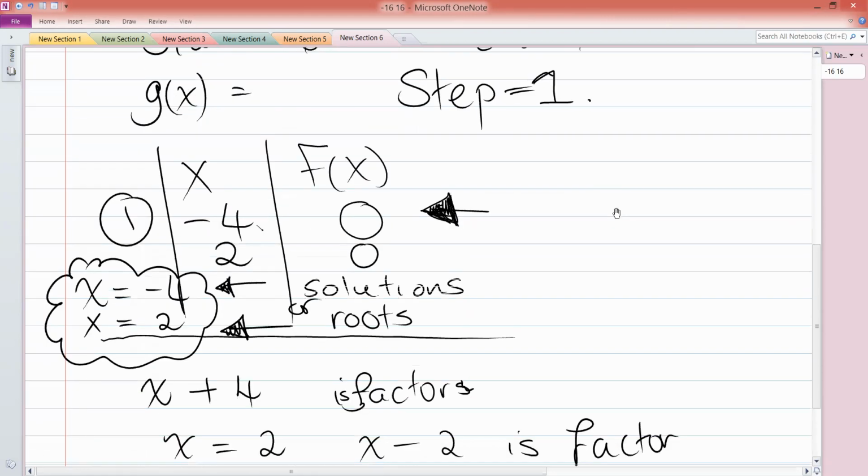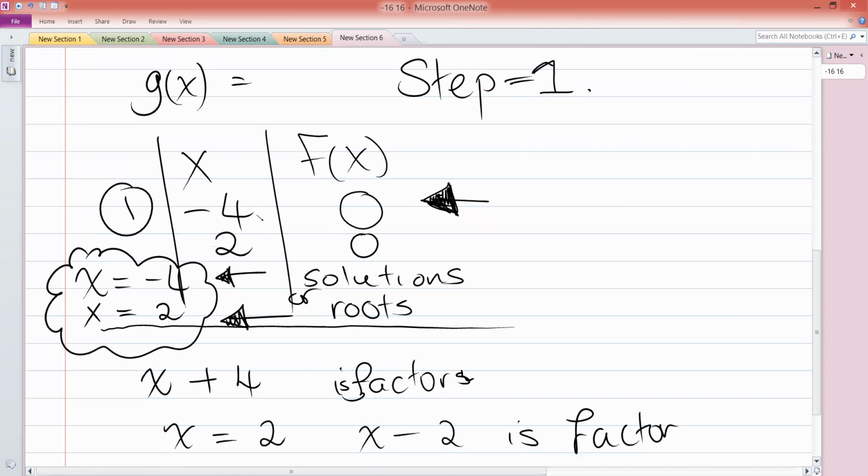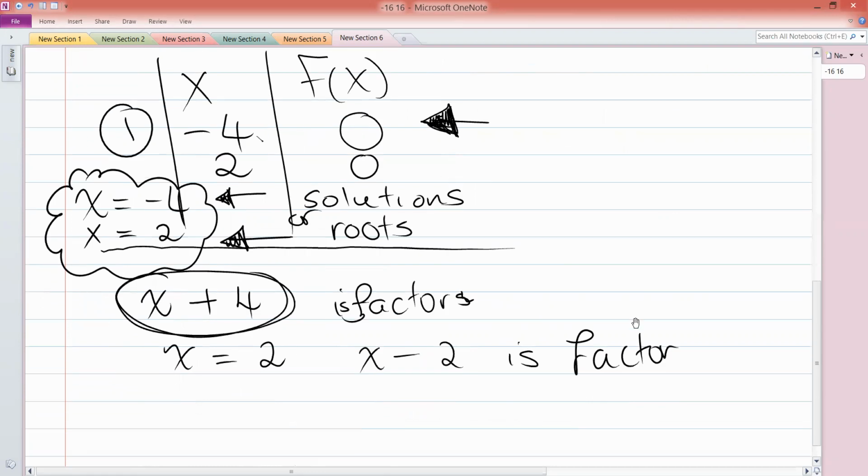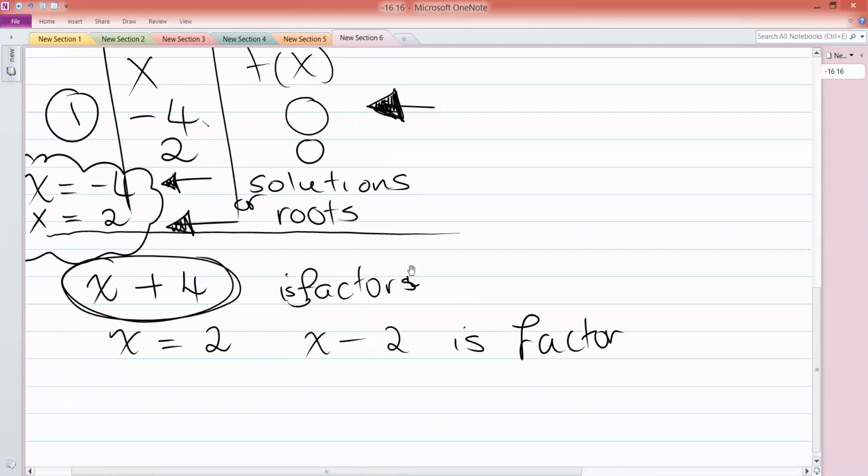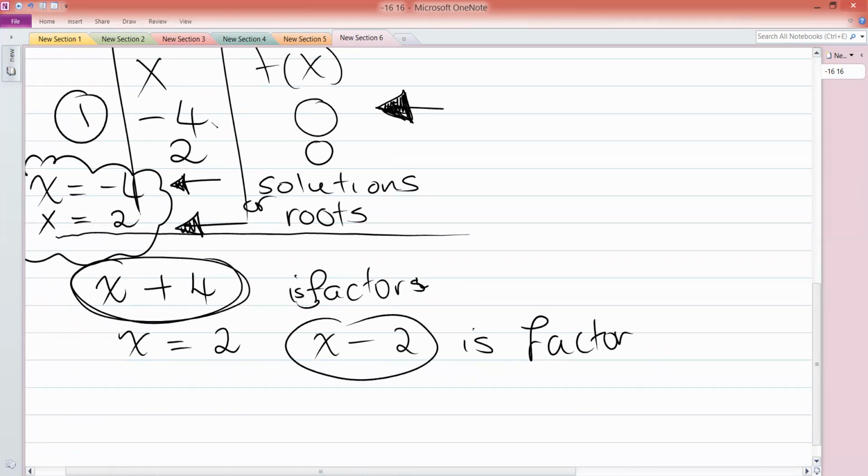So these are the solutions or the roots to the equation. x plus 4 is the factor. And if x is equal to 2, that means x minus 2 is a factor. Let's say arbitrarily, I'm not saying this is correct, if we got x minus 16 as a root, then the factor would be x plus 16.